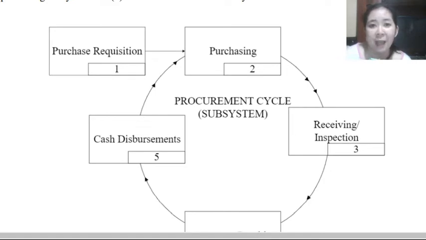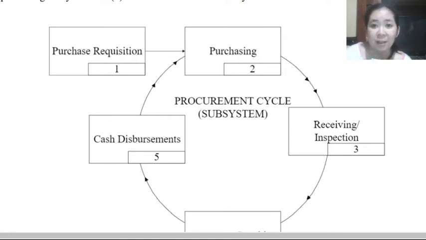And then after that, purchasing will be processed. So the item, the quantity, the quality of the resources that were requested will be forwarded to the supplier, to place the order.